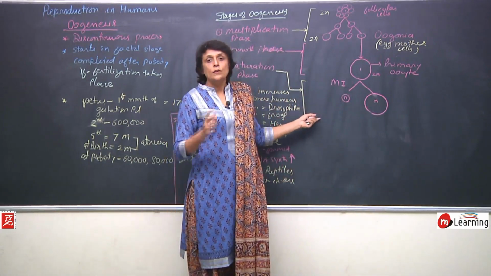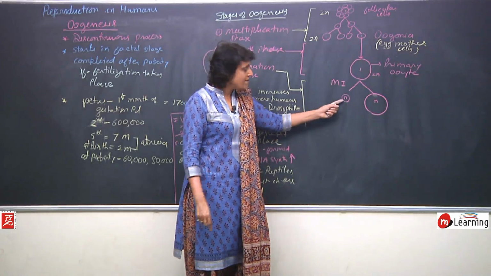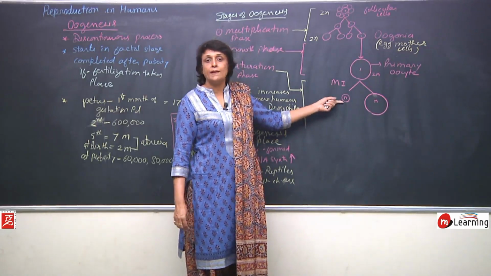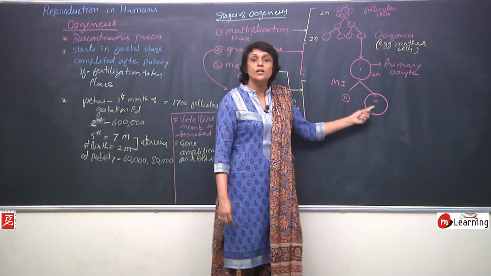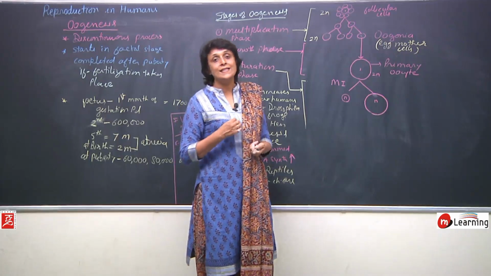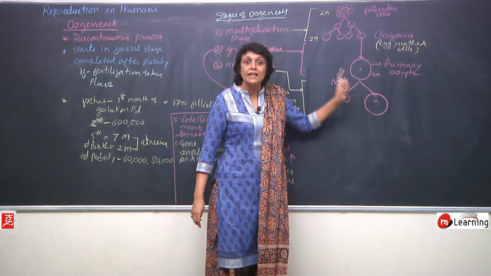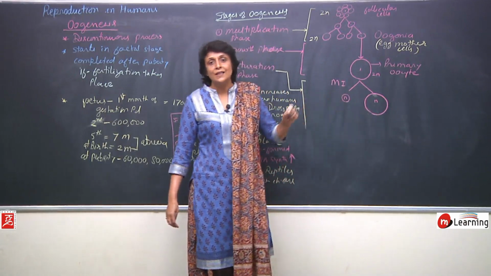And we know that only one egg is to be formed. So why waste half of the cytoplasm? So this unequal division of cytoplasm is to conserve all the cytoplasm and organelles with only one cell, which will give rise to the egg.